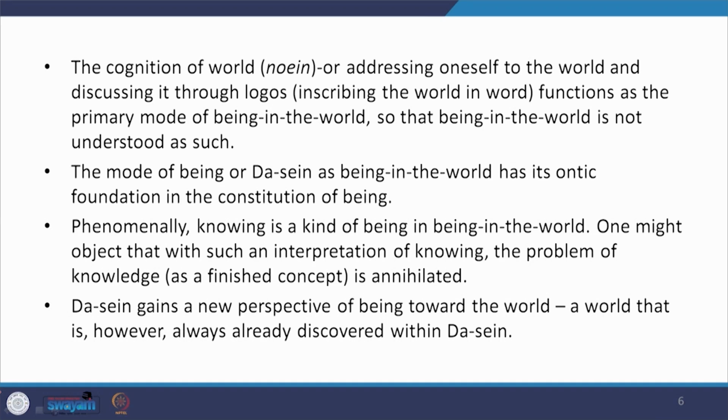So the cognition of world or knowing, or addressing oneself to the world and discussing it through logos or language, in other words, inscribing the world in word, functions as the primary mode of being in the world. How do we conceive the world in our limited matter, the individual self that we are? Through word, through logos.